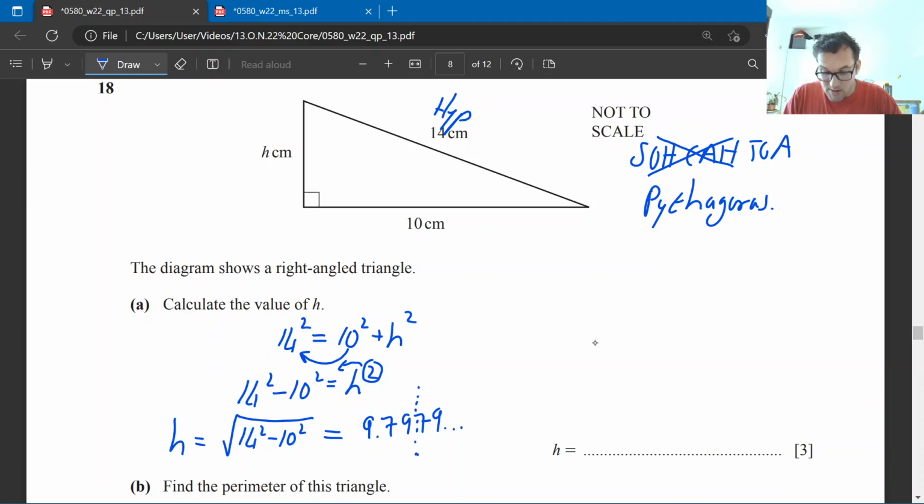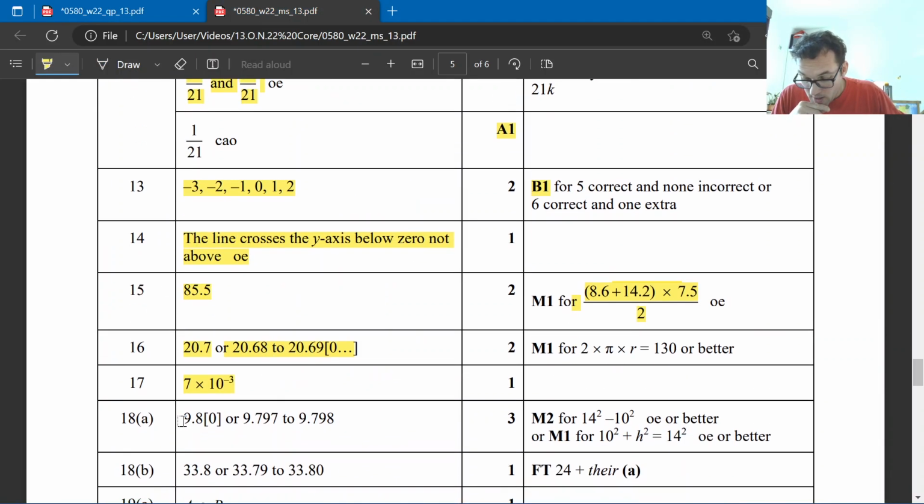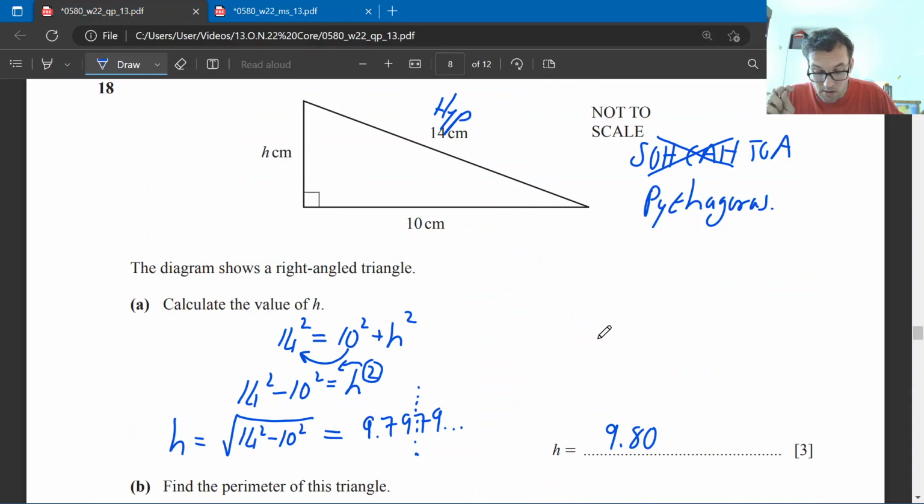Next to the 9 is a 7. We round up the 9 or 79, it becomes 80. So it's 9.80. Putting that 0 to show I've rounded to 3 significant figures. Okay, so just 9.8 is fine. Full marks. I put the 0. Oh, you wrote the unrounded answer. Also full marks. Write down the Pythagoras theorem because it gives you marks.